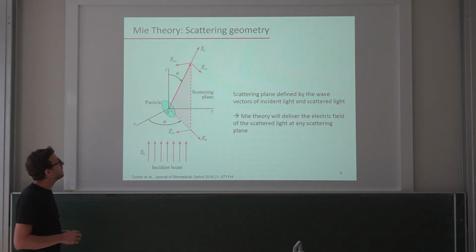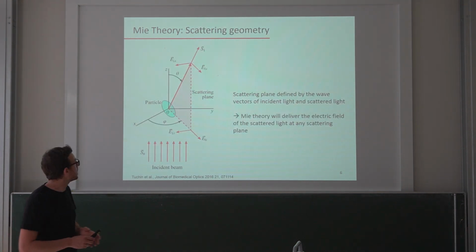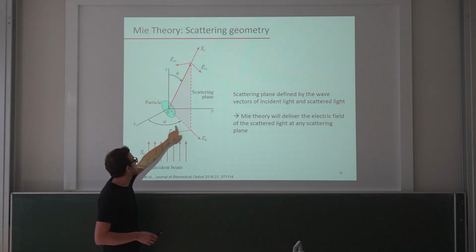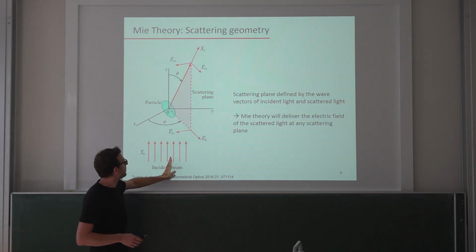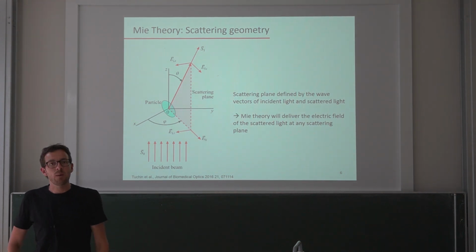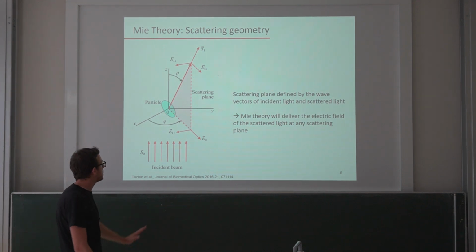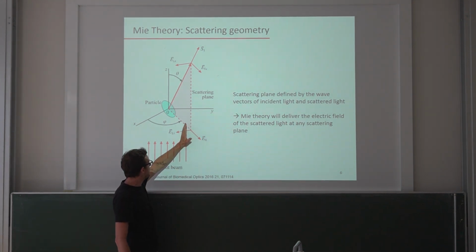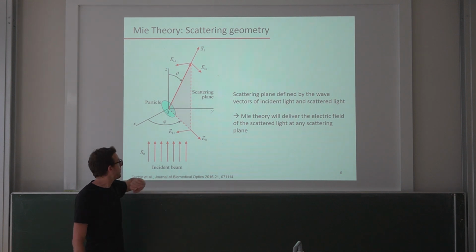Okay, so what you do then is you define the scattering geometry. Again, you see this spherical coordinate system, these two angles. Then you have an incoming light wave coming from a certain direction, and then you can select the electric field that comes in and that goes out as being parallel to the incoming light field or perpendicular.